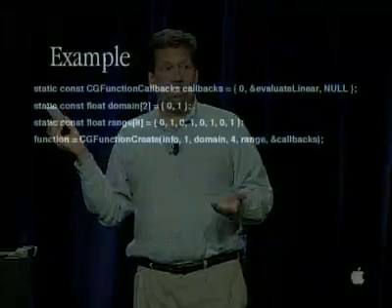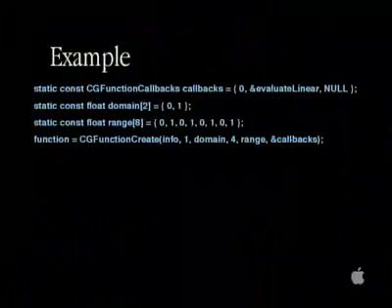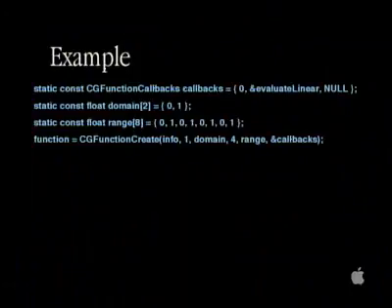So as a simple example here, I'm just going to imagine that I'm going to do a linear shading. I have some magic function somewhere called evaluate linear that knows how to take a value in and do a linear interpolation between two colors and return that out. I need to pass in information to the function that tells what the domain of the function is, which in this case is always 0 to 1, and what the range is for RGB, again, 0 to 1.